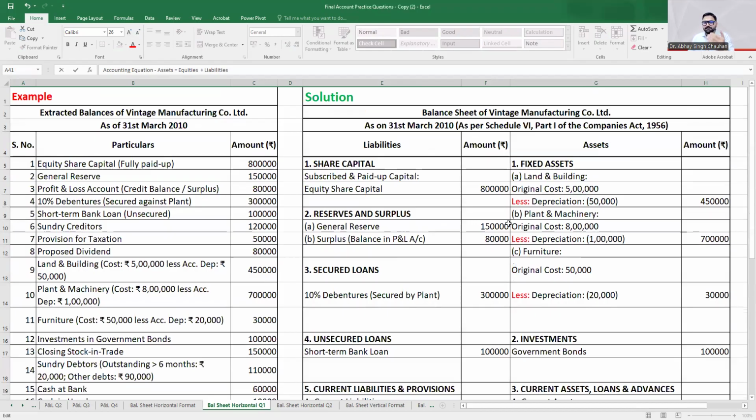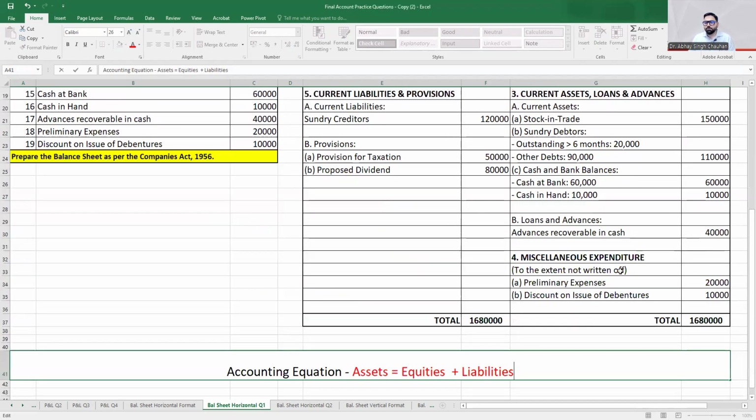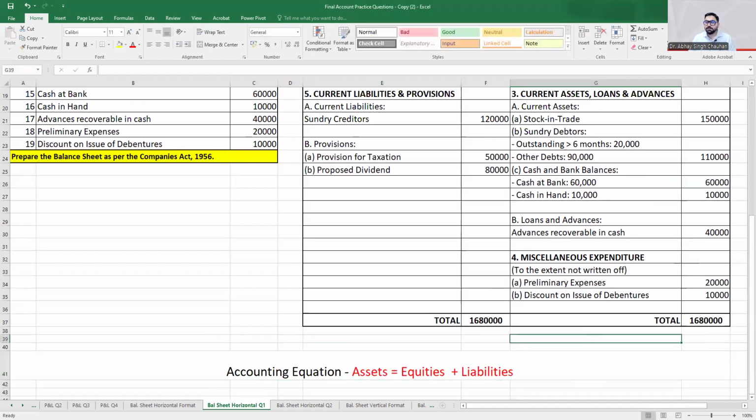So the left hand side is your equities and liability side, whereas the right hand side you can see is your asset side, and both the sides' totals are getting matched, right? And it will get balanced by default. You need not do anything extra in it, so no balances will be left over in the balance sheet. The balance sheet will automatically get matched by putting in all the values.